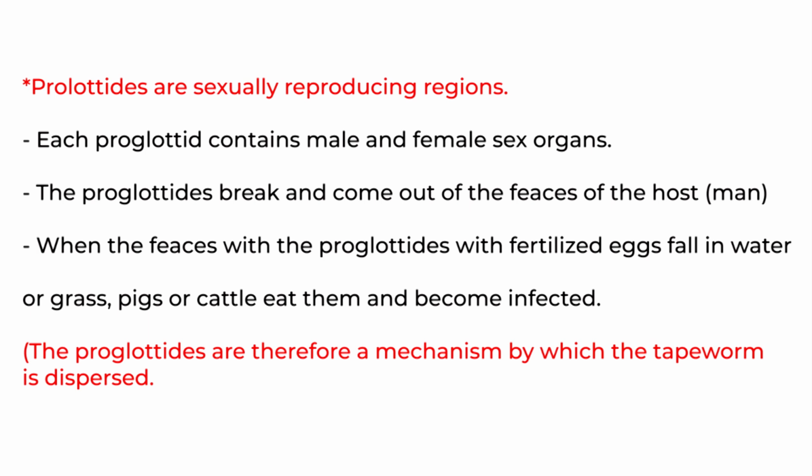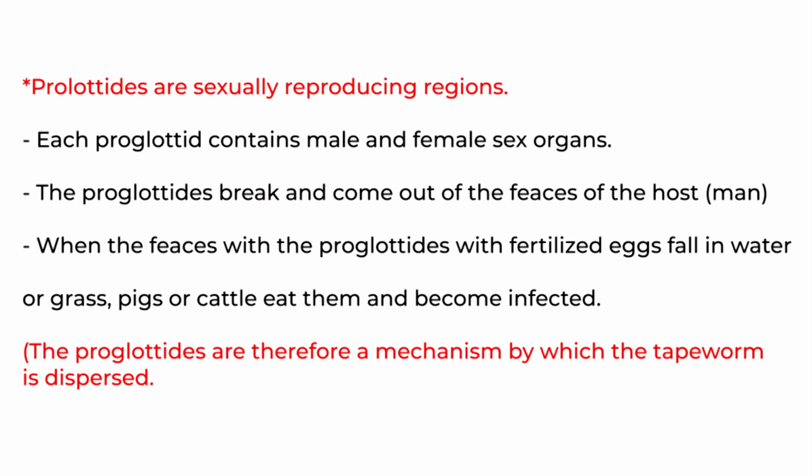So one proglottid is just a reproductive segment. Each proglottid has male and female sex organs. And it is these proglottids that break off and come out in the feces of the organism. If it infects a man, you have proglottids in the feces of the man.